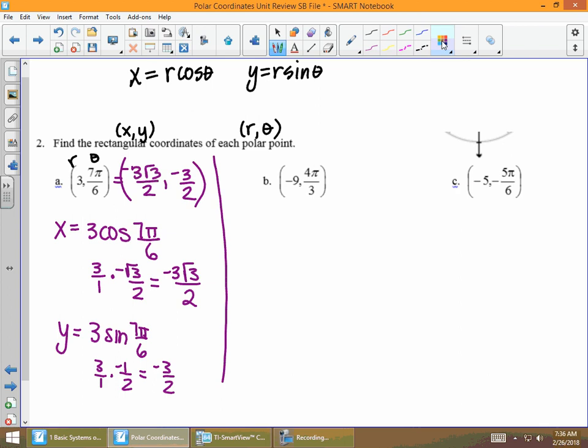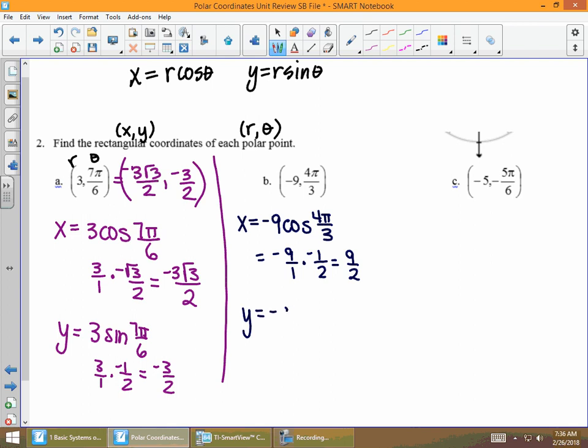Again, same equations. X is r cosine theta, y is r sine of theta. So here x is r, which is -9, cosine of 4 pi over 3. So that's negative 9 over 1. And cosine of 4 pi over 3, at the thirds, cosine is 1/2. At 4 pi over 3, cosine is negative, since that's third quadrant again. So this is positive 9/2.